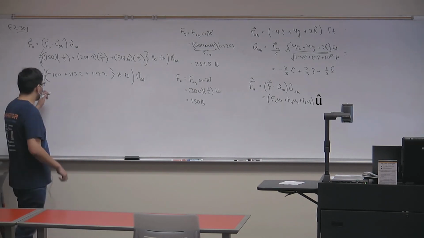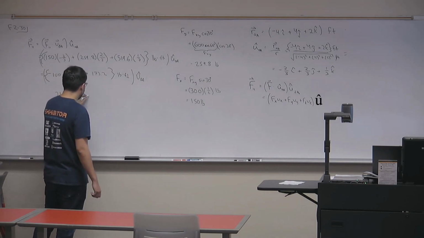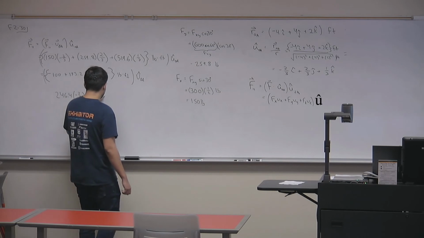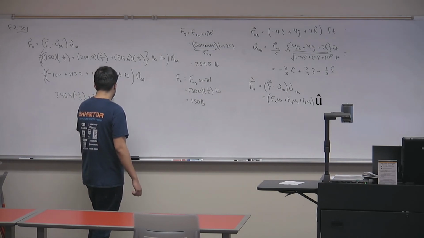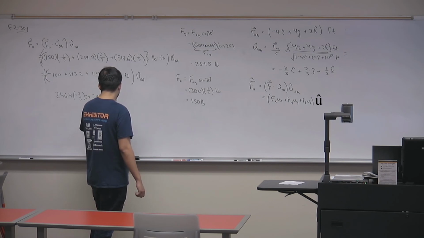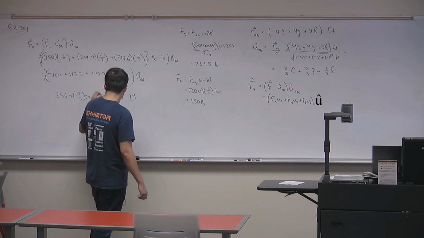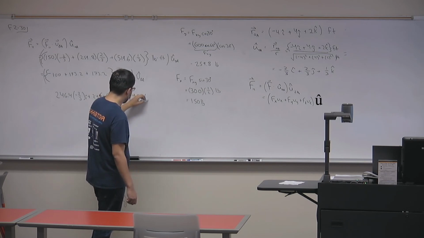And then 246.4 times 2/3, and then 246.4 times 1/3. Okay. How much does that give me? I mean, that's IJK, right? What's the last one? 246.4 times 1/3. Okay.